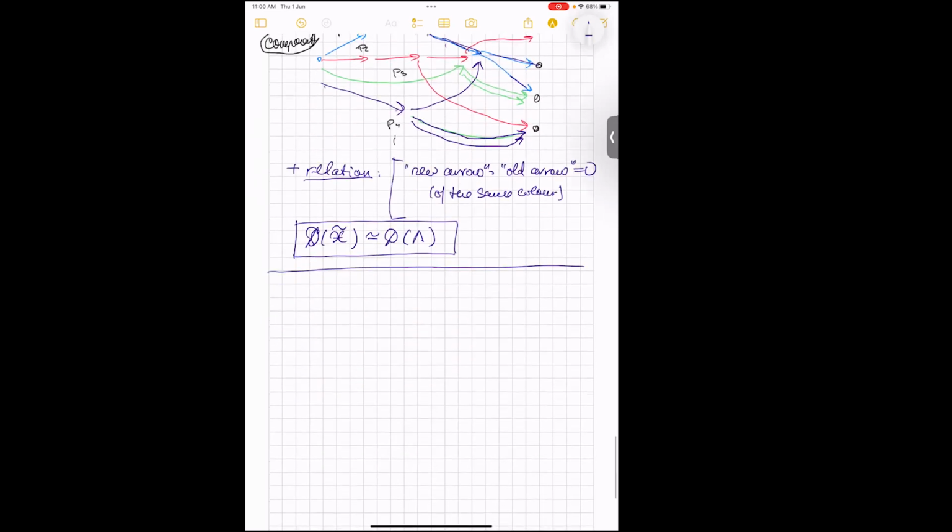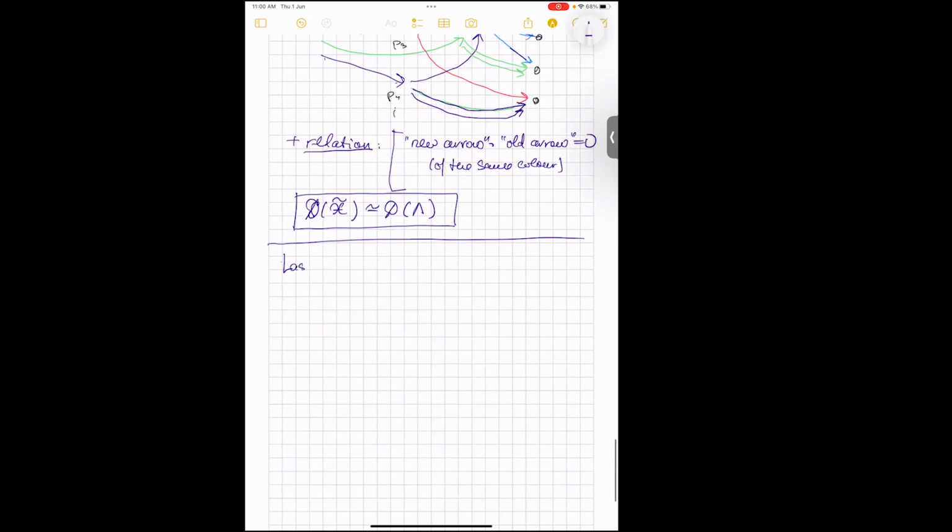Finally, the last topic is the following. We consider this thing in A3. But what if we consider it in A2 or in P2, three lines through a point?